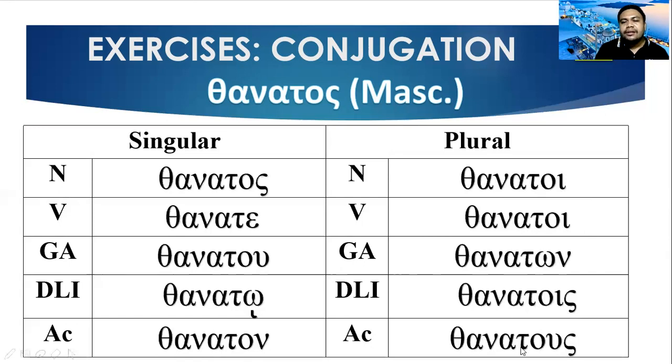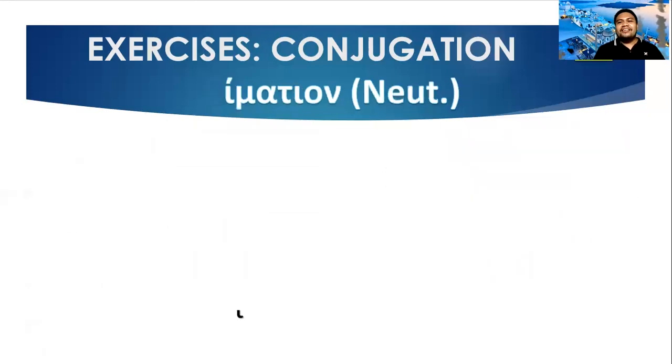And accusative thanatous. Okay, let's read it one more time from the top. Go. Thanatos, thanate, thanatou, thanato, thanaton, thanatoi, thanatoi, thanaton, thanatois, thanatous. Very good. Wow. I think you're getting it already.